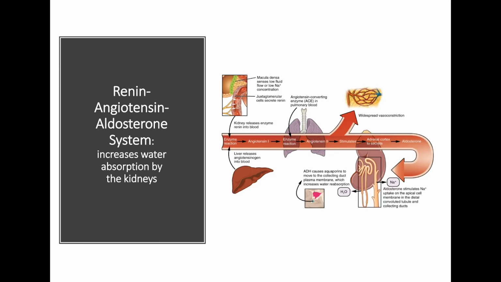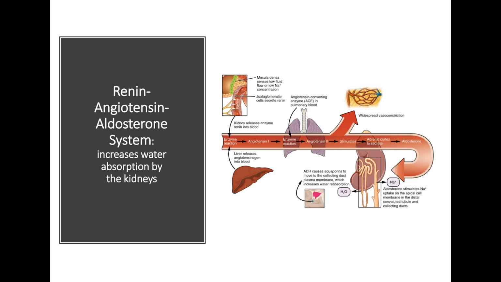Okay, so as a recap, we said that the liver produces angiotensin. Then we have renin produced by the kidney. Renin and angiotensin create angiotensin 1. You then have angiotensin converting enzyme produced by the lungs, converting angiotensin 1 to angiotensin 2.